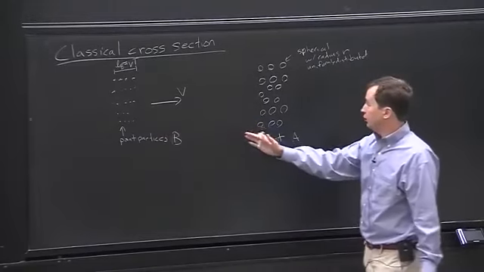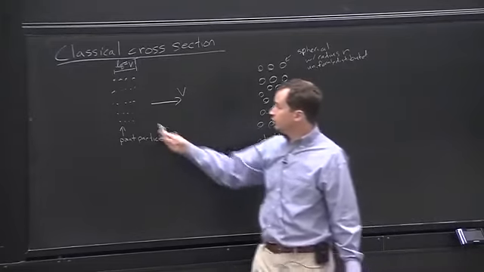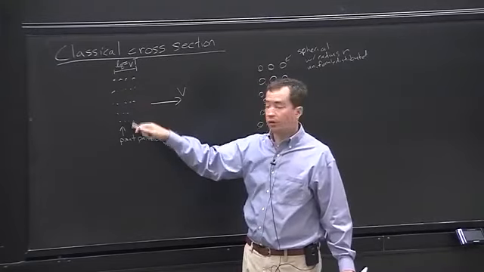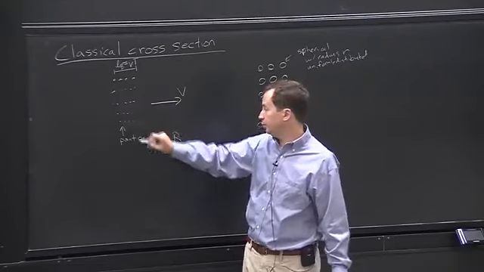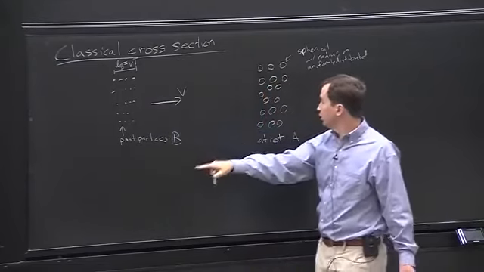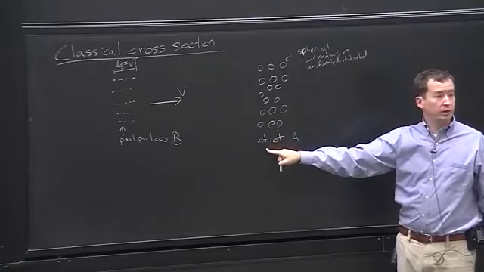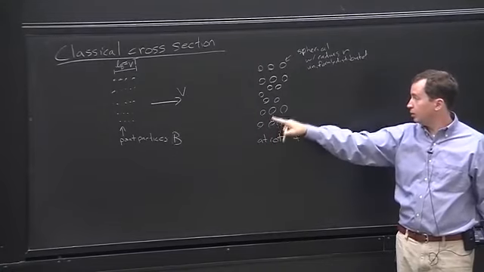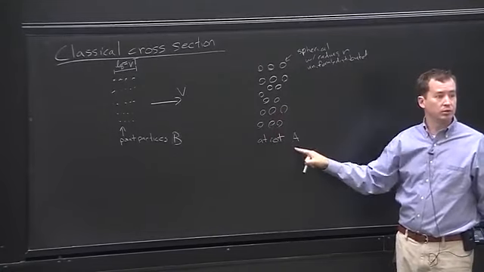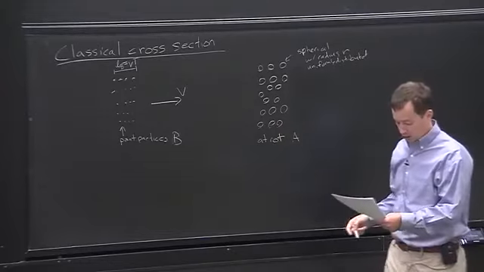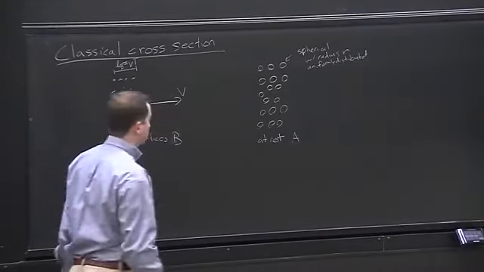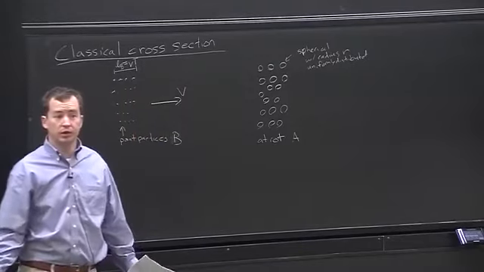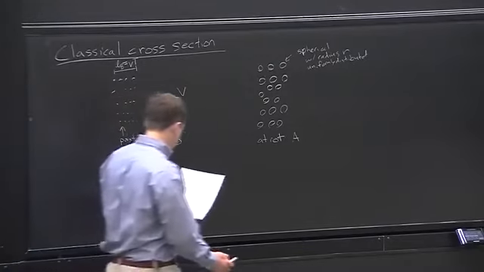And the question we're going to ask is, what is the probability that a given particle of type B, given point particle, will interact with a given spherical target particle, or particle of type A? And, well, that's basically just a geometry problem.